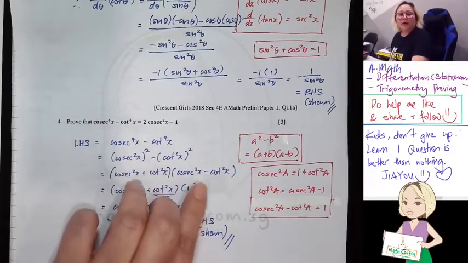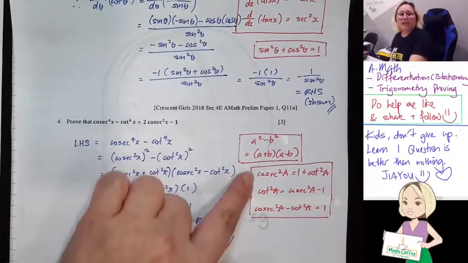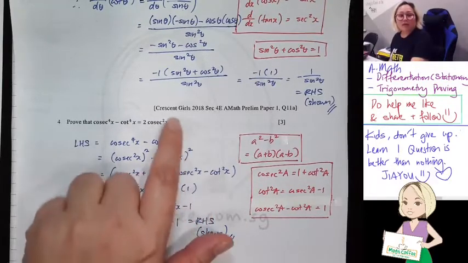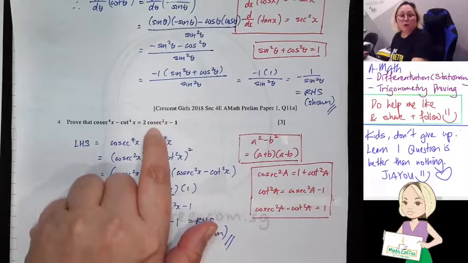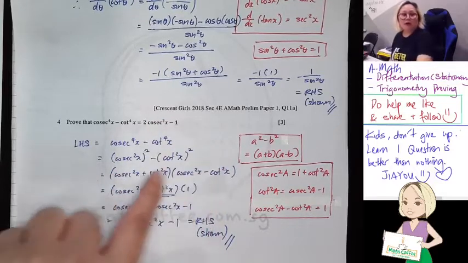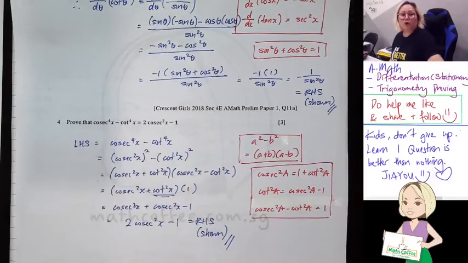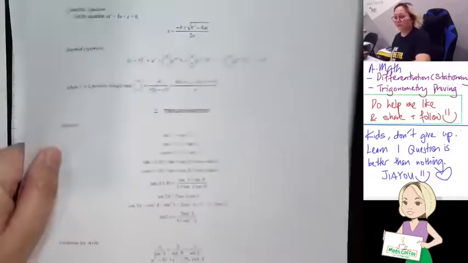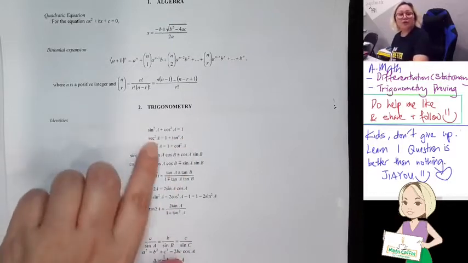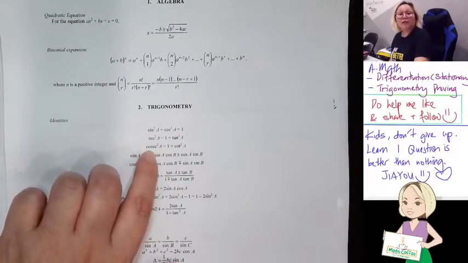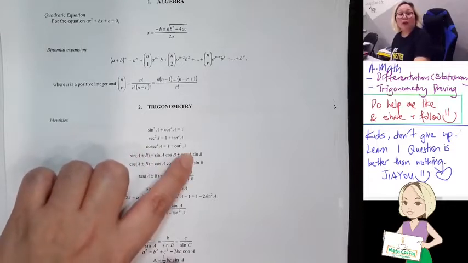Then, how do I derive that I'm using this identity? After I do my a square minus b square, I look at my right hand side. My right hand side is in terms of cosecant square x. Then you look at what you have. I have extra cotangent. Then you look back at your formula sheet. Then you see, okay, I have the third one, which links my cosecant square a and cotangent square a.